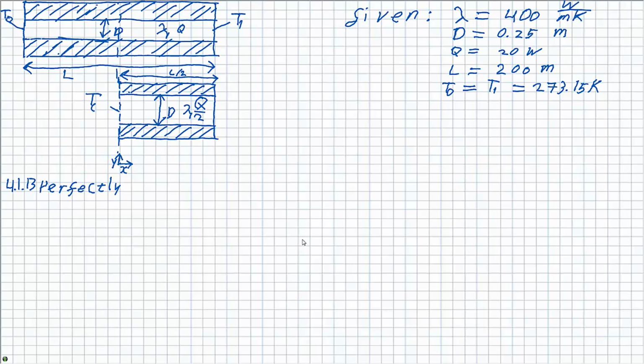This is just pi r squared, or pi times the diameter squared over 4. If we fill in the data we've been given, we end up with 0.0491 meters squared.